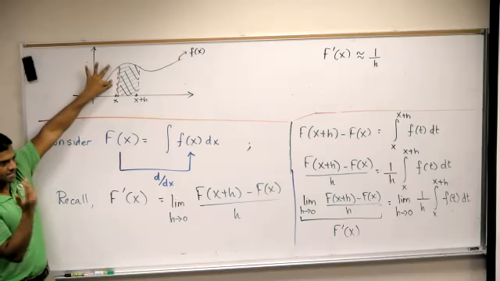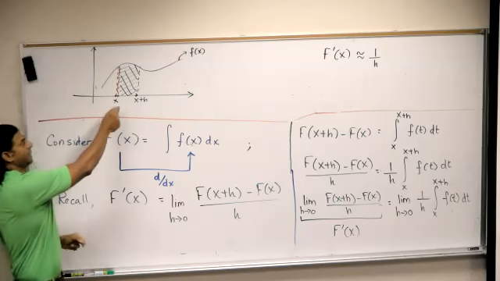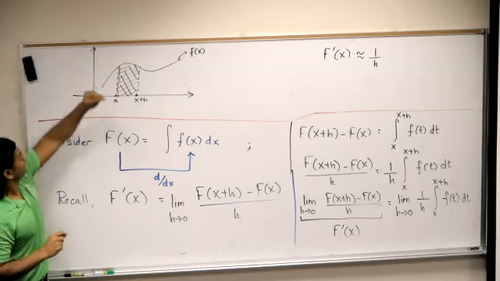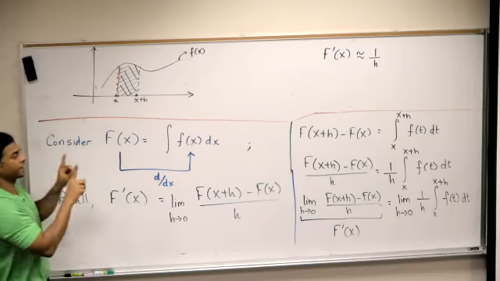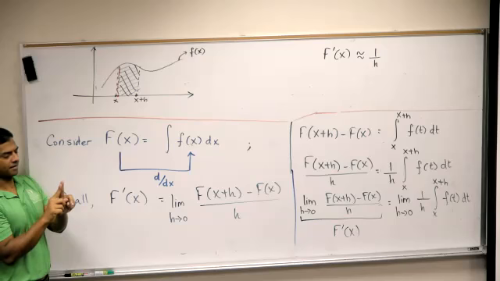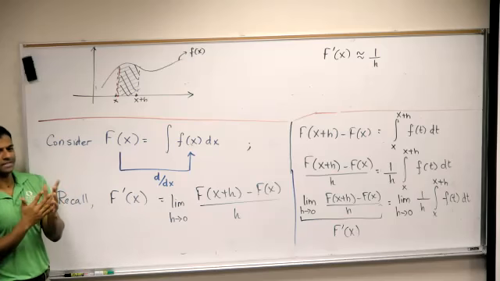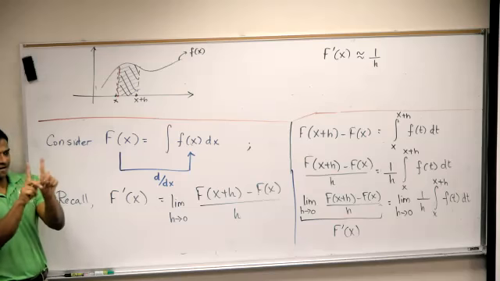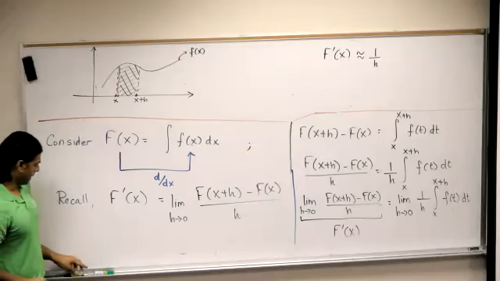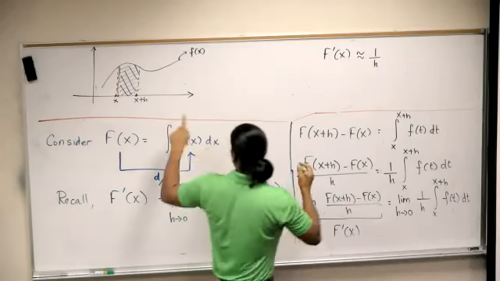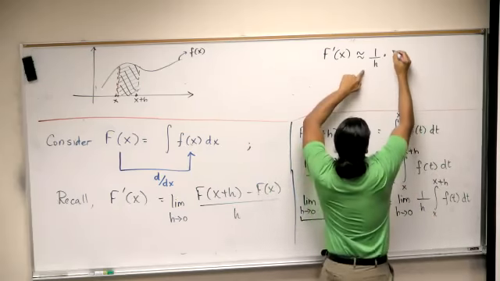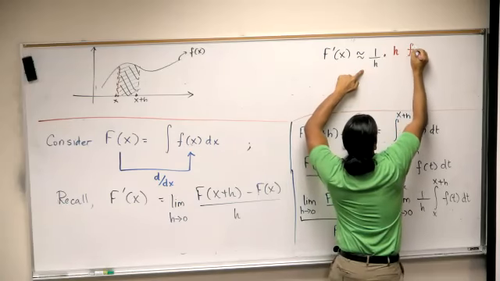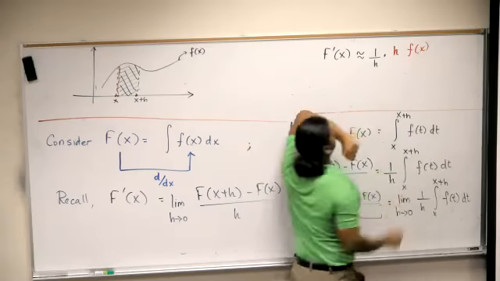What is the area of the rectangle? H times height. Since those two points are very close to each other, I can approximately call it f of x. So that tiny little area, I can write as h times f of x.